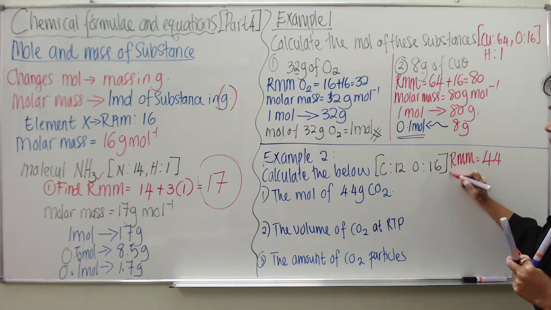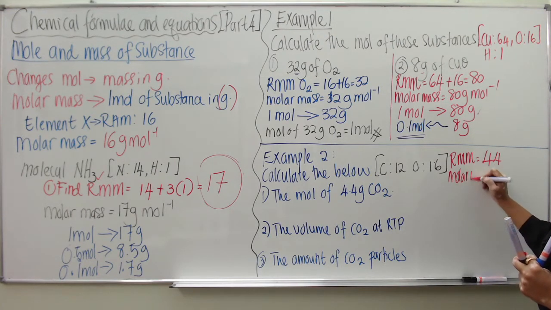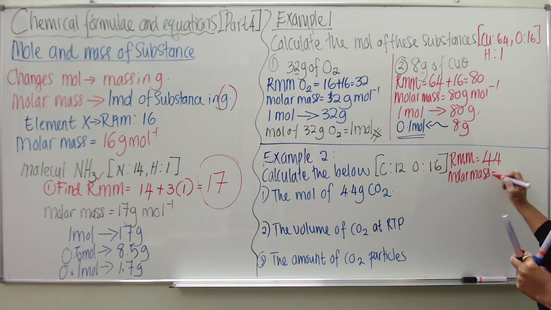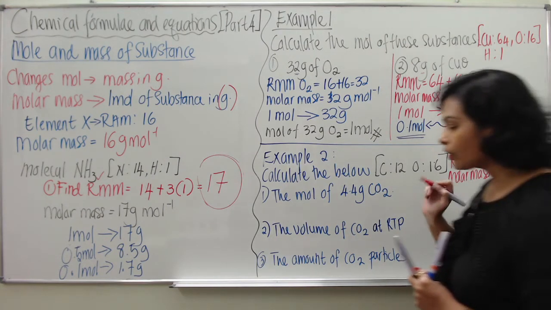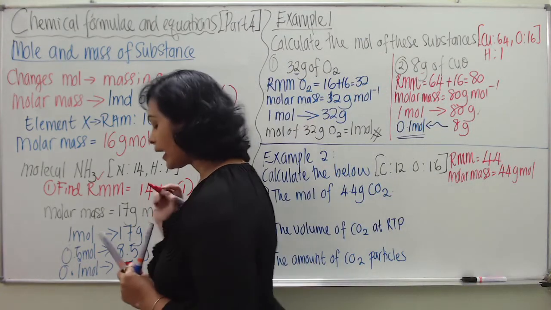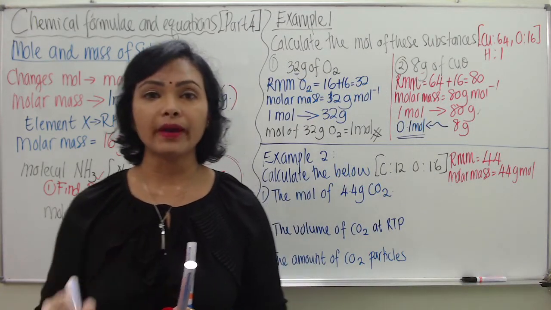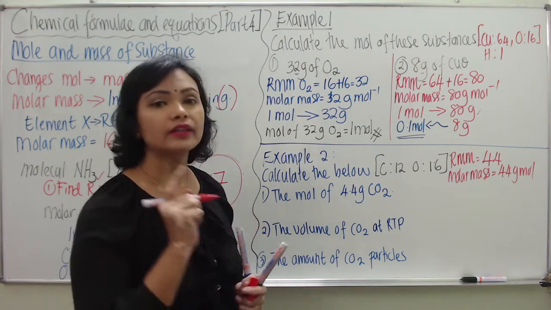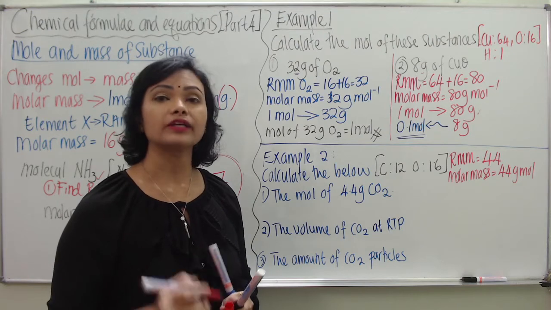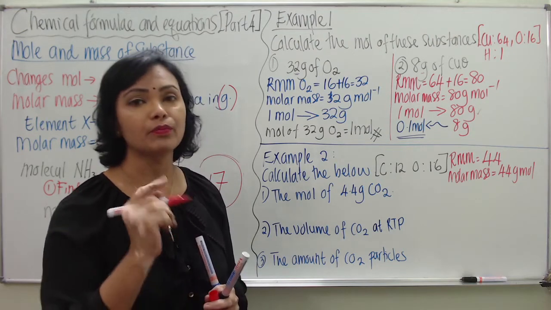This shows that molar mass is equivalent to 44 gram per mole. Since the RMM, relative molecular mass, of carbon dioxide is 44, this shows that the molar mass of carbon dioxide is 44 gram per mole.